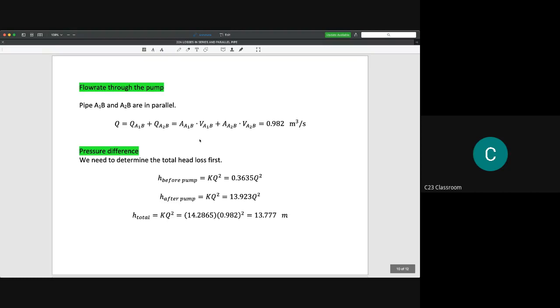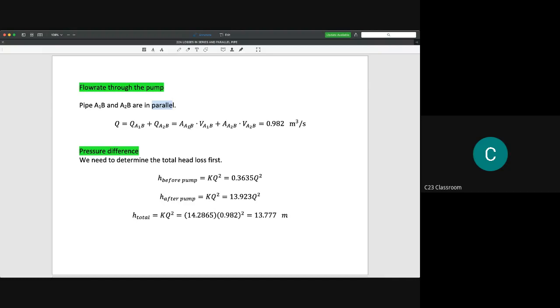Because the pipes A1B and A2B are in parallel, what we need to do is calculate the total flow rate. So the total flow rate is we need to add both of those pipes' flow rates. To calculate the flow rate, we can use the idea of A1V1 and A2V2.